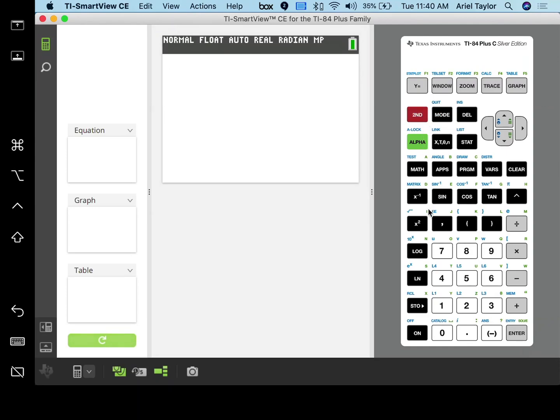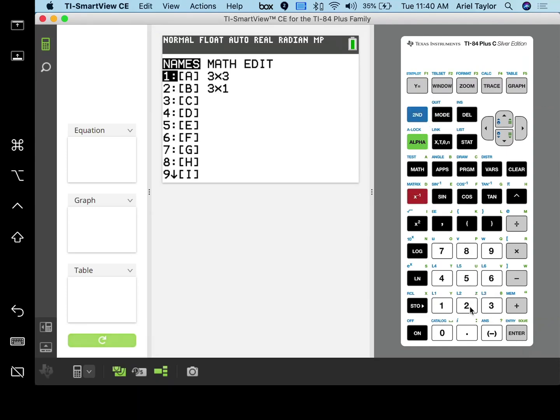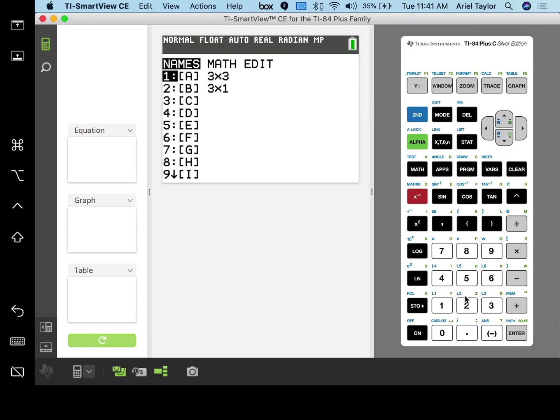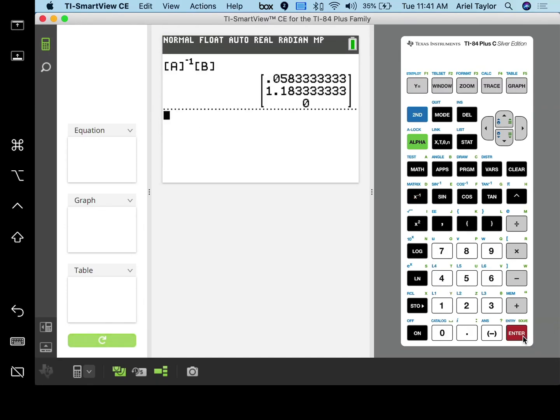So now we can actually do the multiplication. So we're going to call matrix 1 A, and we're going to take the inverse of it and multiply it by matrix B. And that should be the result for that question.